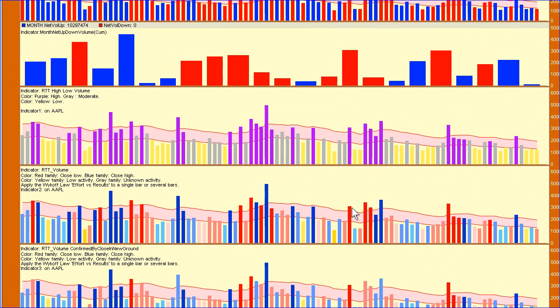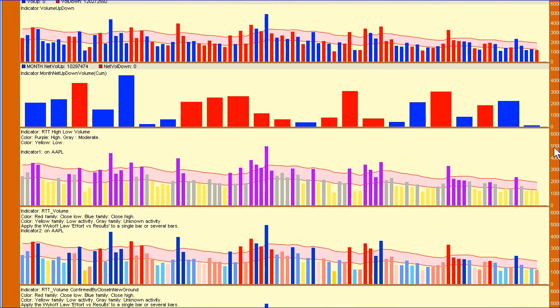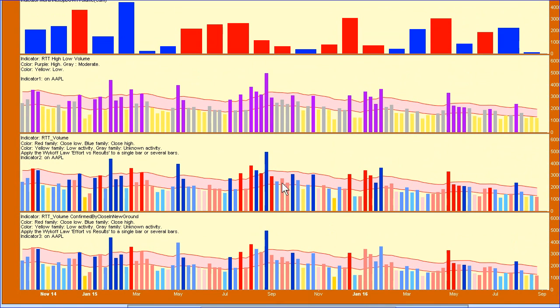So this RTT volume helps you to determine what's going on with the extreme volume or above average volume on the chart with price. So here, as I've explained, we have the red family, which is a close low, blue family close high, yellow family low activity, grey family unknown. We don't have too many greys.